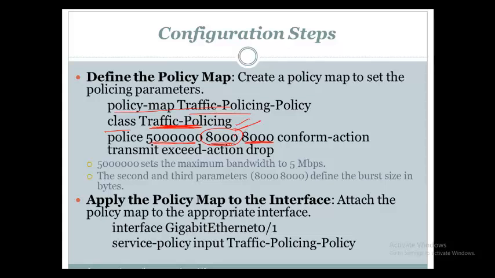Immediately you drop. No courtesy, no grace. We already gave a bonus of 8 kilobits. No more bonus, no more mercy. This is what is called policing. If you use the option drop, it is called policing.